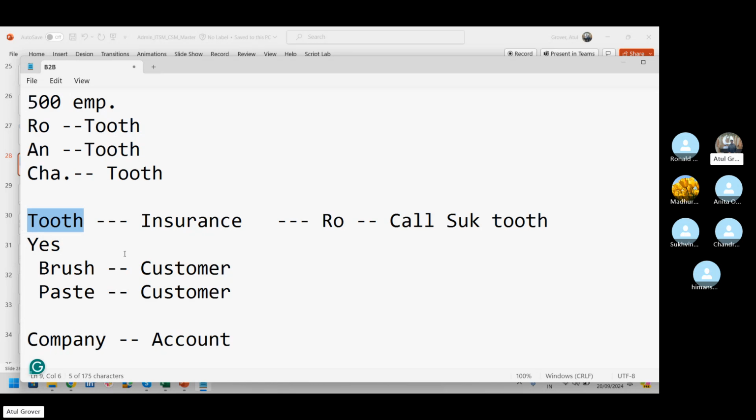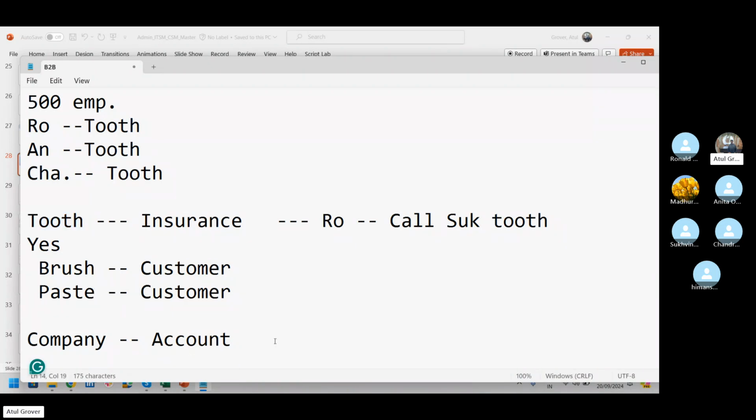They want to store the details of Brush and Paste, both companies. So they will store them as accounts. Brush is one account, Paste is another account, Aftershave is a third account, Afterbrush is a fourth account. So here we have to understand this fundamental.